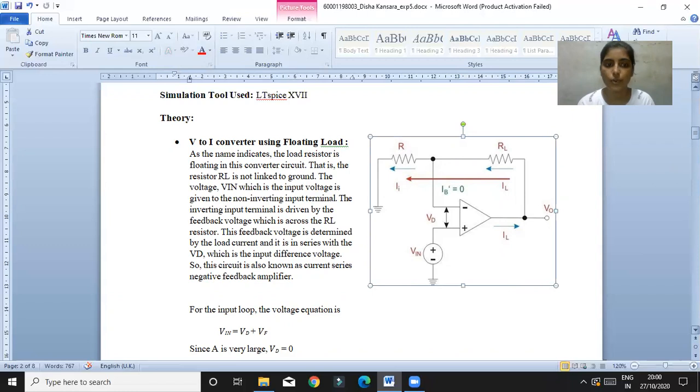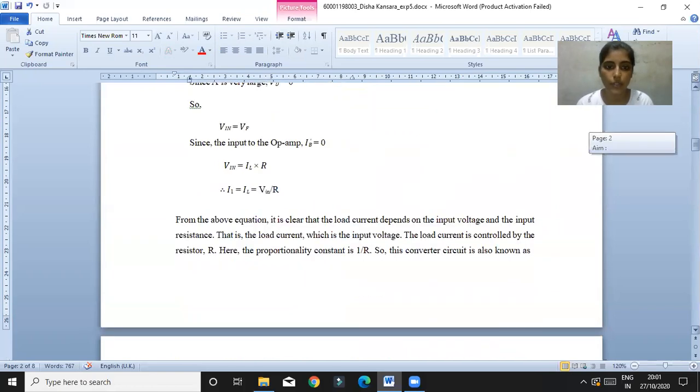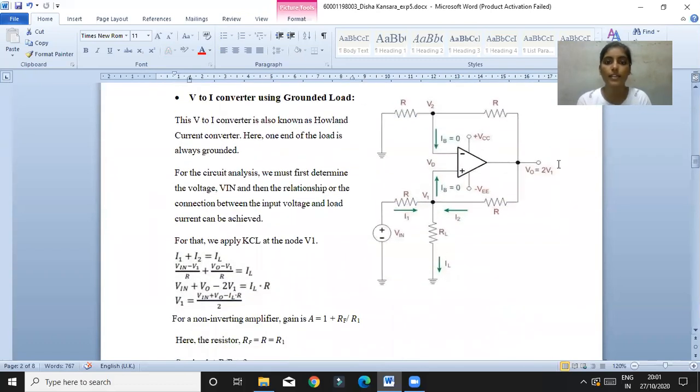The input loop voltage equation is Vin equal to Vd plus Vf, and Vin is equal to Vf, so IL is equal to Vin by R. So this is about the floating load.